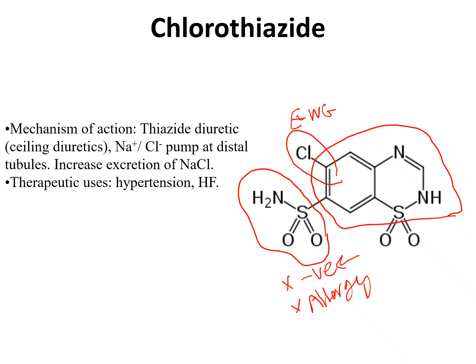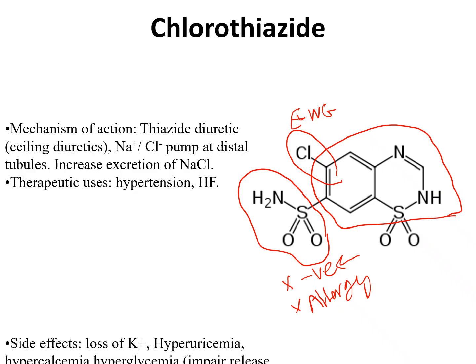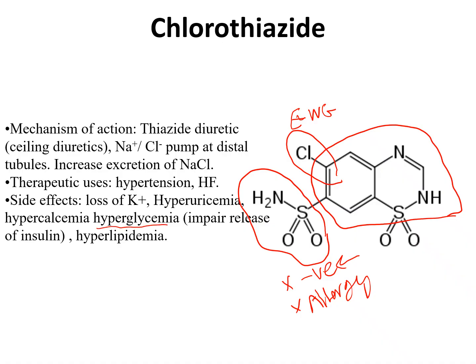Sometimes they have other side effects that are less common, but we should know about, like hyperglycemia and hyperlipidemia. They could impair the release of insulin, as well as cause hyperlipidemia, although these are much less common compared to the hypercalcemia, hyperuricemia and hypokalemia that we talked about.